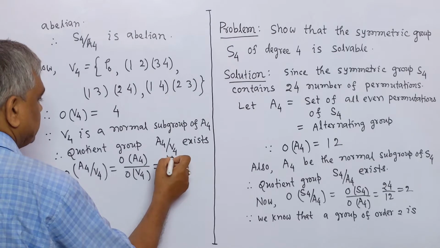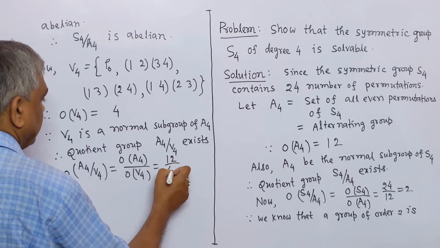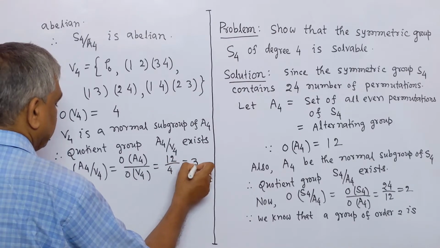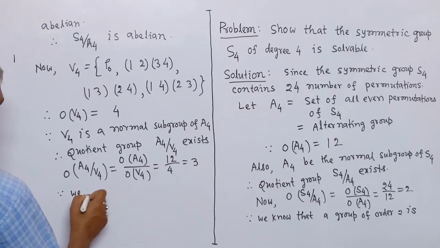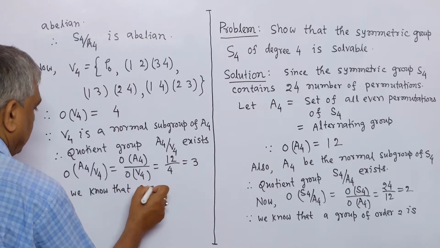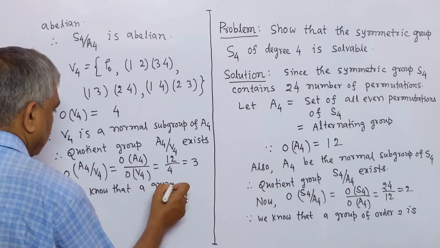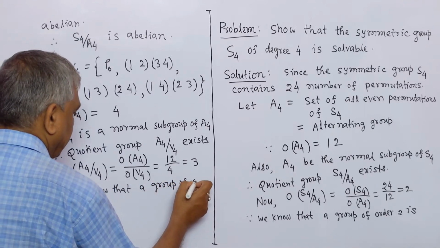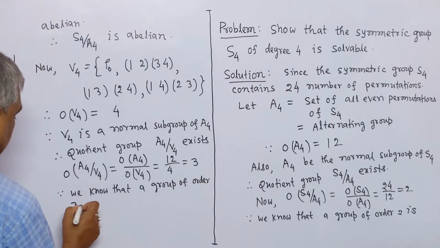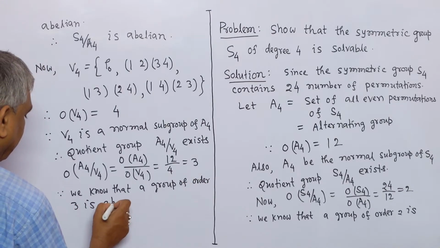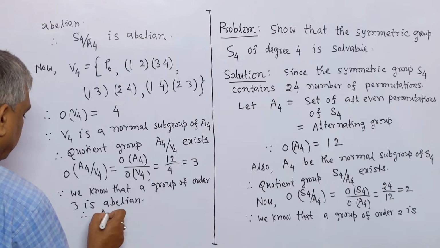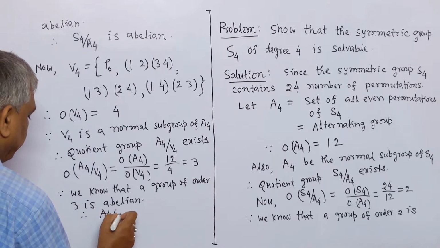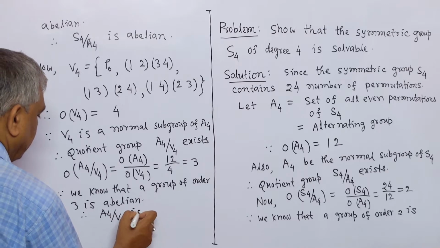The order of A4 is 12, the order of V4 is 4. This is equal to 3. Since we know that a group of order 3 is abelian, therefore the quotient group A4 by V4 is abelian.